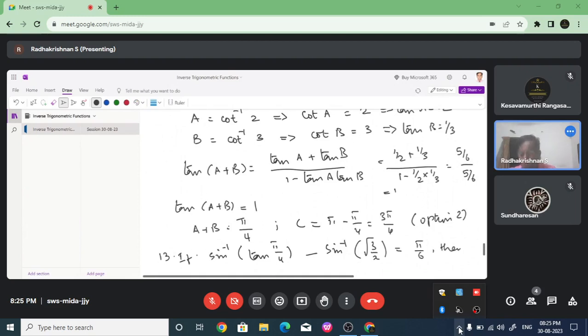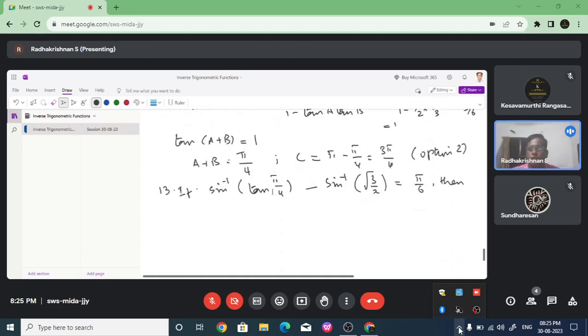Then x is a root of which of the equations below?